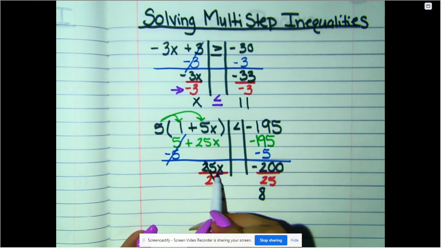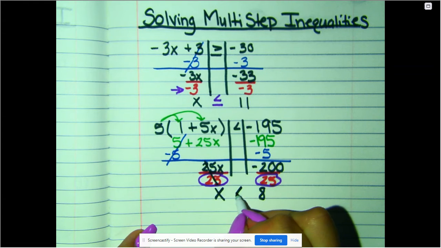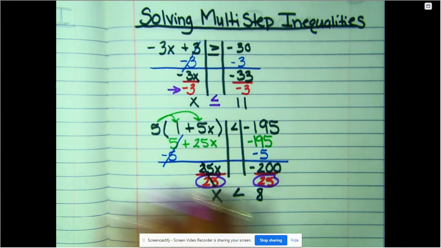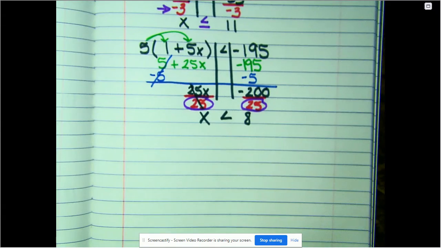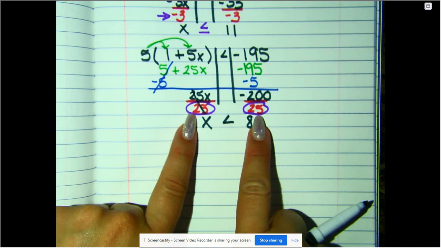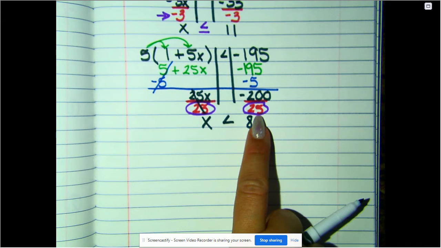Meaning, was the number that we divided by, which was 25, negative? No. So we're going to keep our sign as less than. Again, there was a difference because we did not divide by a negative. The 25 that we were dividing by was, in fact, positive.